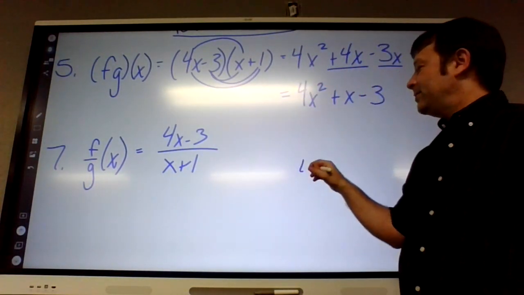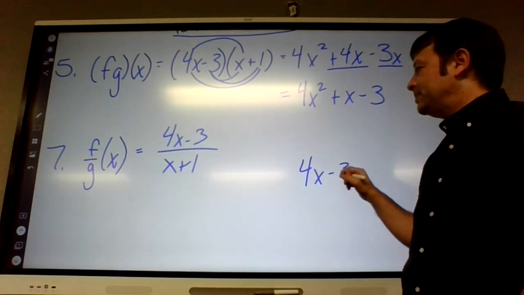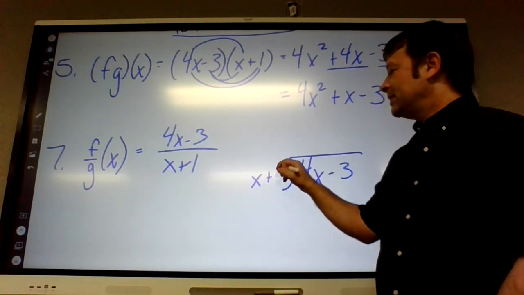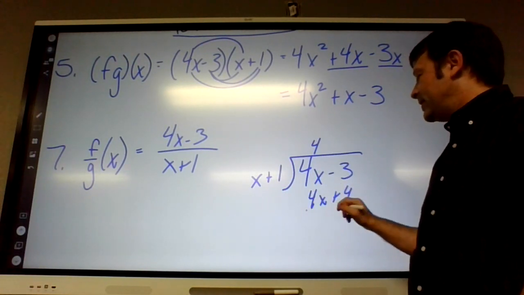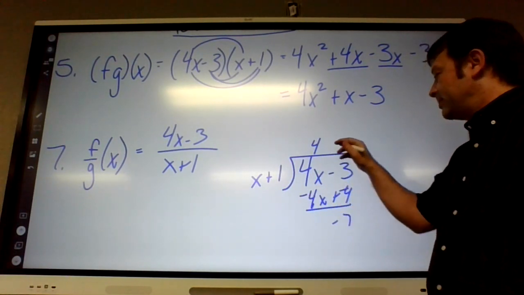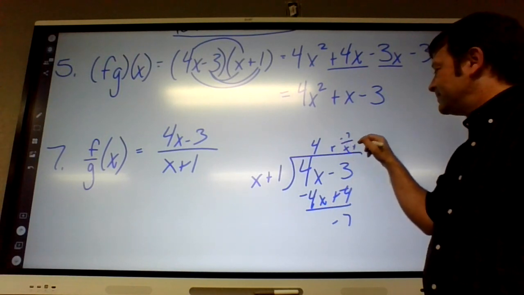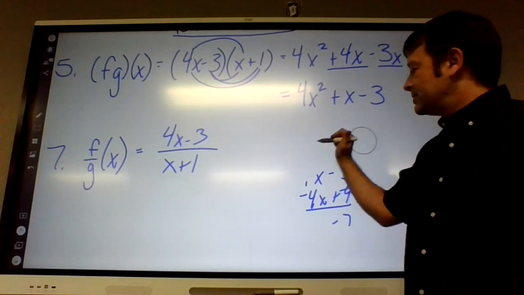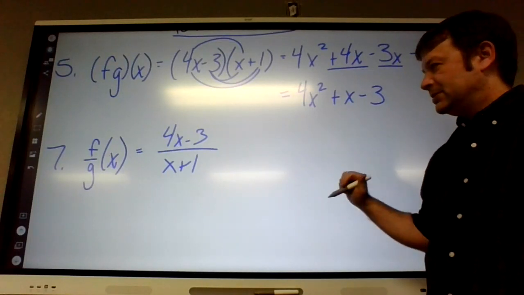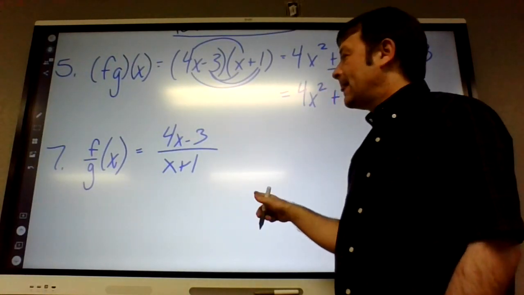We could try long division, it just would not be helpful. Like x goes into it 4 times, and the remainder is negative 7. They're not going to do that to you. It does not divide, so just leave it like this.